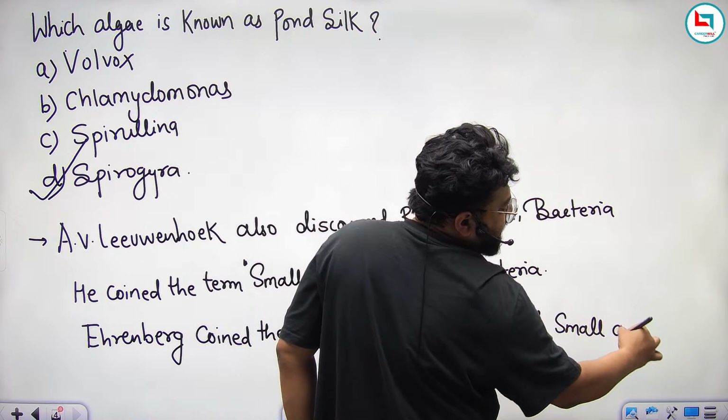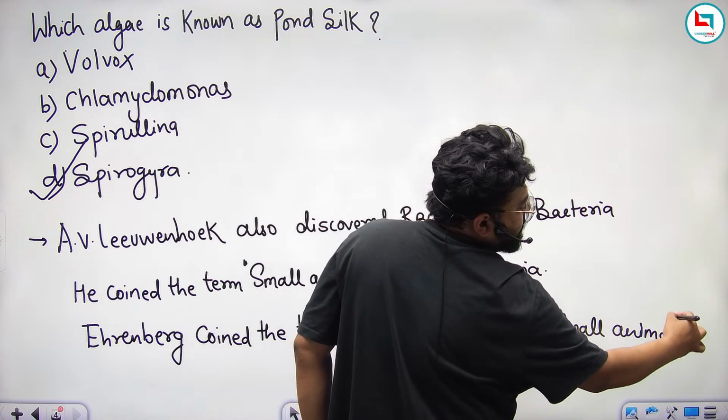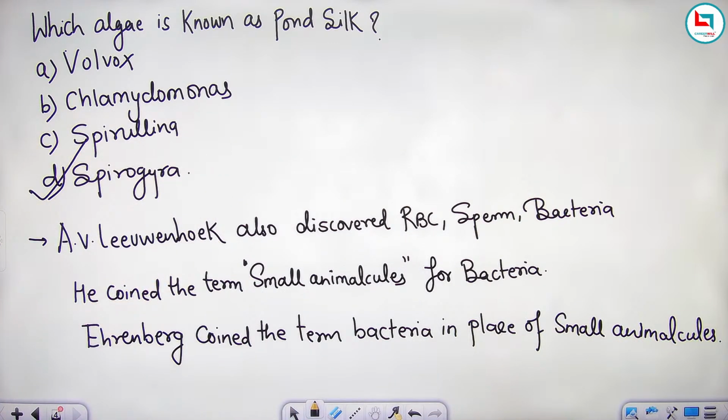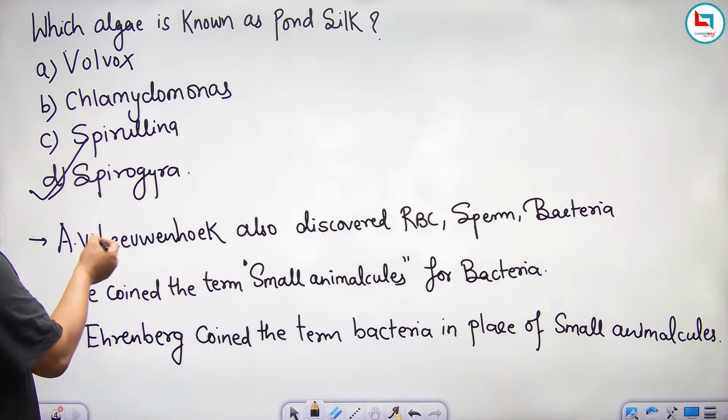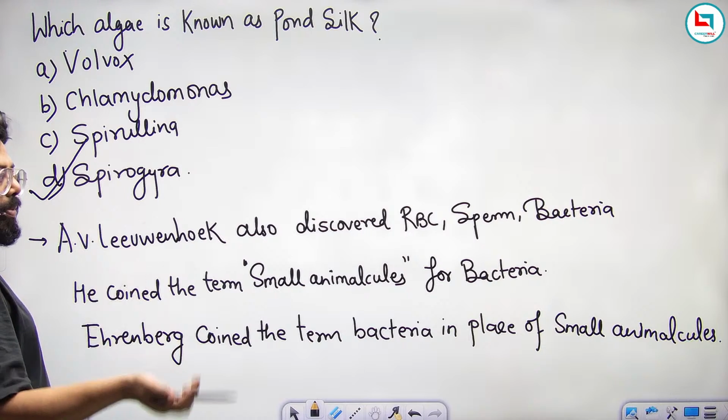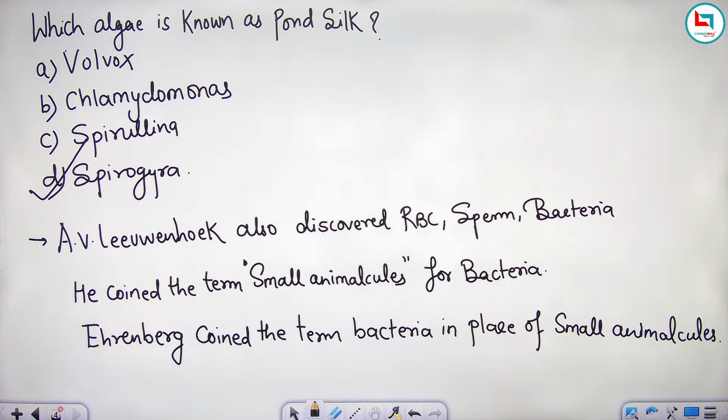So if somebody asks you who coined the term small animalcules for bacteria, it was coined by Antonie van Leeuwenhoek, but the term bacteria was coined by Ehrenberg. Is that clear?